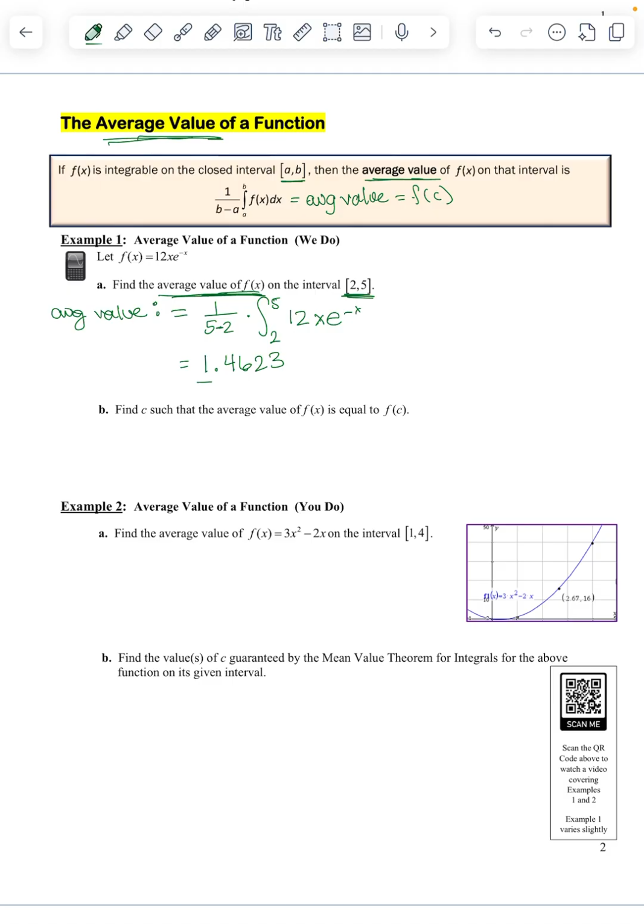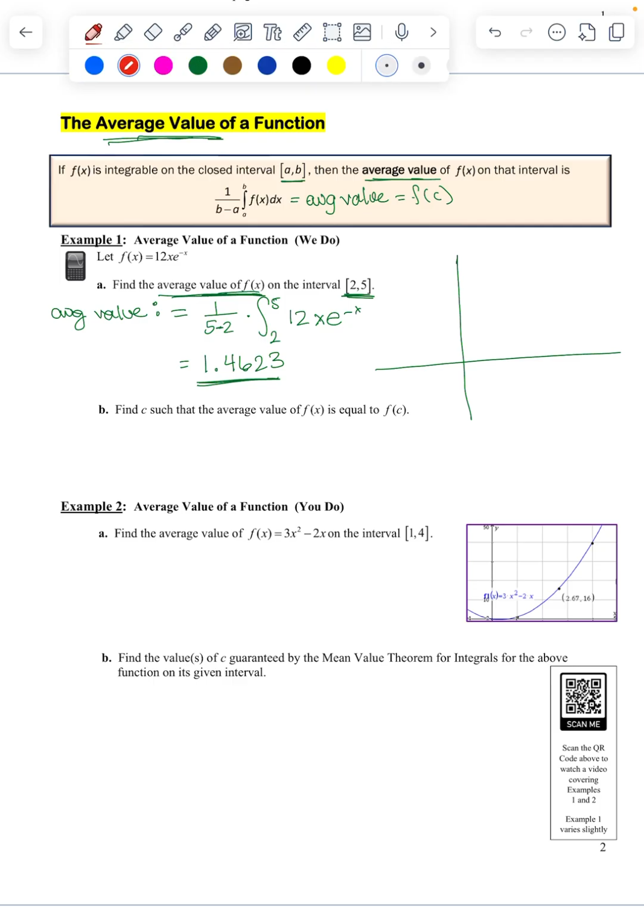So what you just solved for is basically what? What does this 1.4623 look like? What is that telling us? I'm going to try to graph what I got in my calculator. The graph of f of x equals 12x times e to the negative x looks like this.